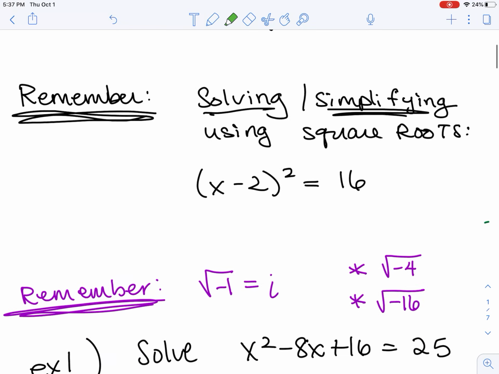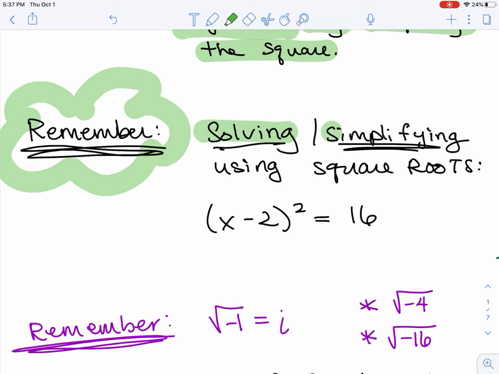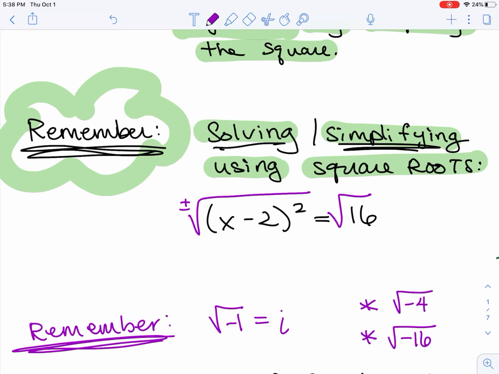And I want to remind you, just to wake up that part of your brain, that solving or simplifying using square roots can be pretty easy. So remember, if I've got (x minus 2) all squared equals 16, I want to get x by itself, and I'm going to take the square root of both sides. But remember, when we take the square root, it's plus or minus. A square root cancels out the square.